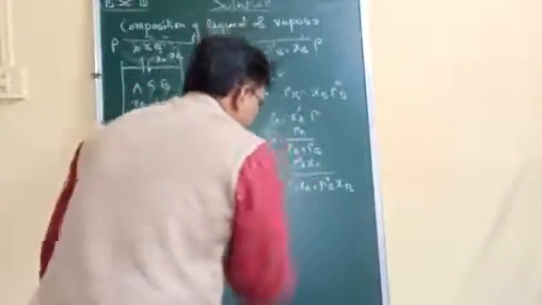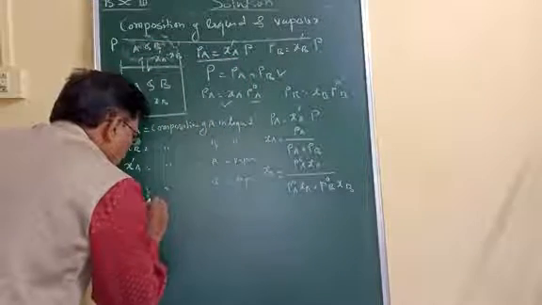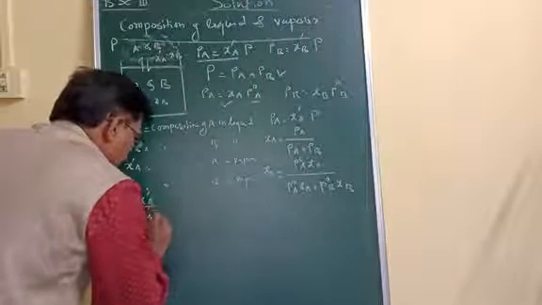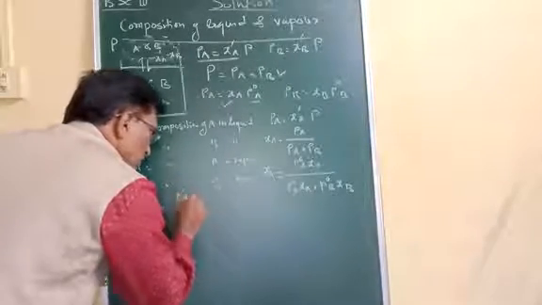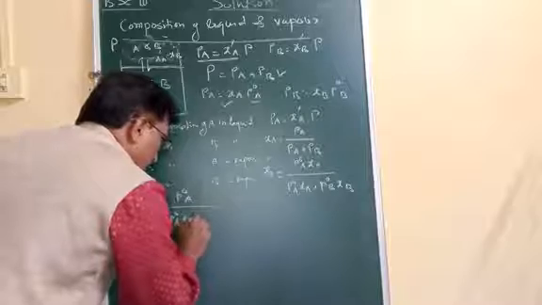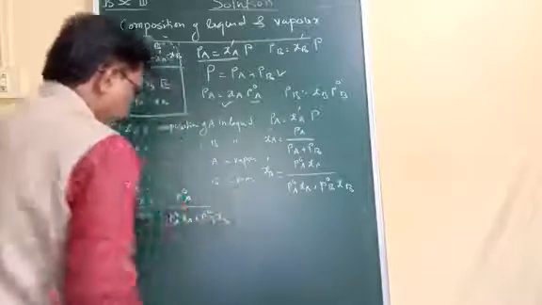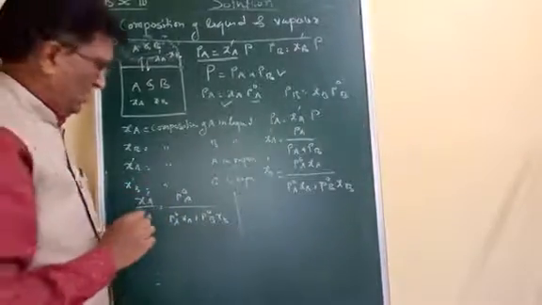If we bring this XA here, then we get X dash A upon XA is equal to P0A upon P0A XA plus P0B XB.